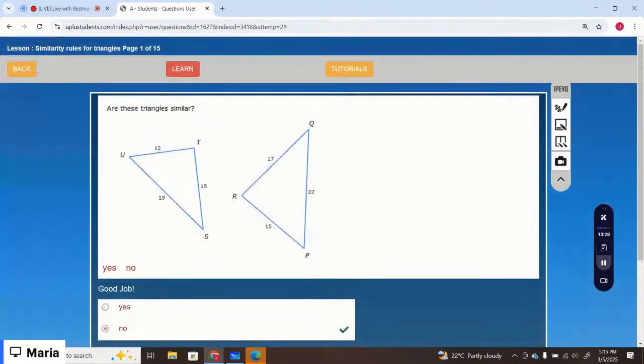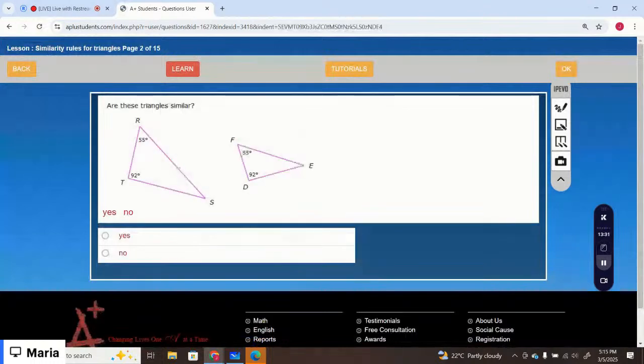They have different side lengths. Are these triangles similar? Angle D is congruent to angle D, and angle F is congruent to angle R. So the triangles are similar. Option number one is the correct option. Yes, they are.